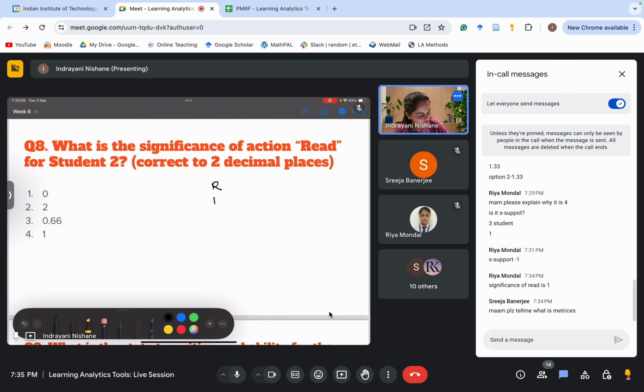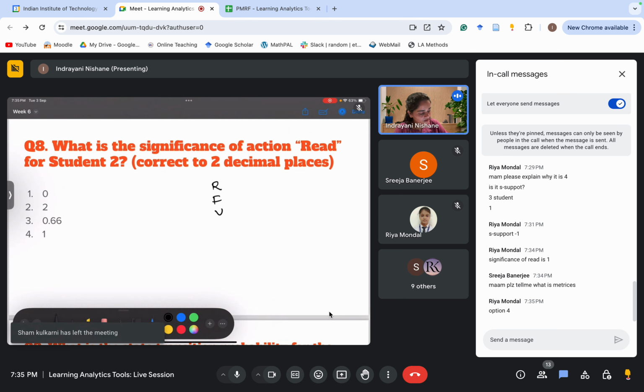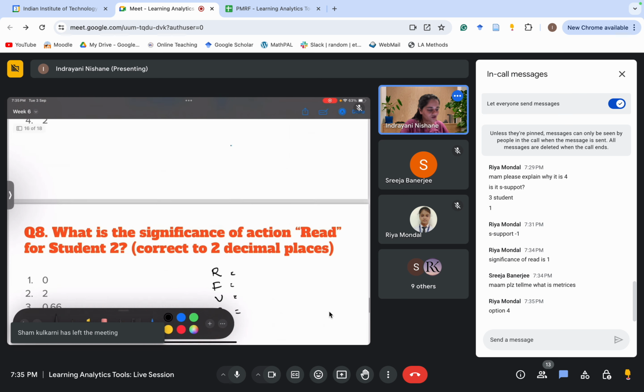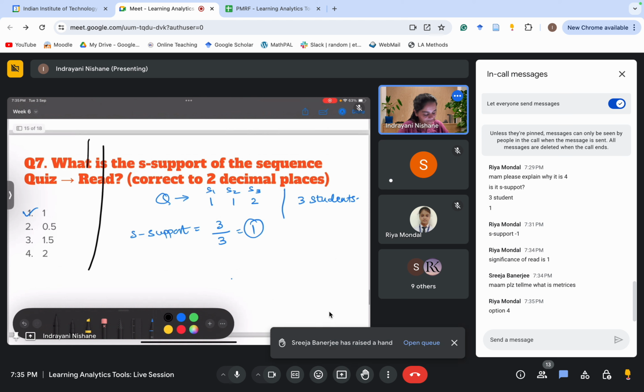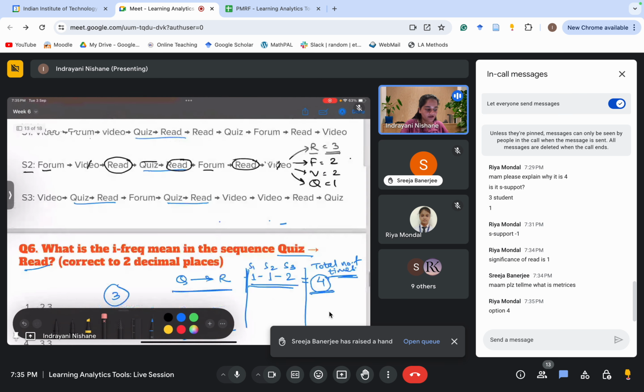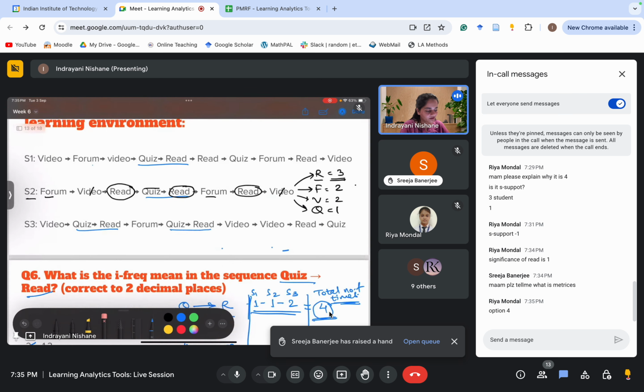Read, forum, video, and quiz. So read has occurred 3 times, forum and video have occurred twice, and quiz has occurred only once. Let me finish, and then I will take up doubts related to this part.